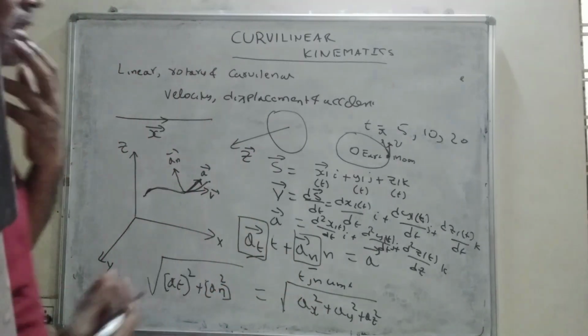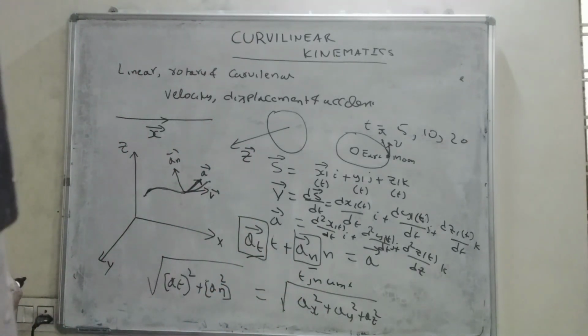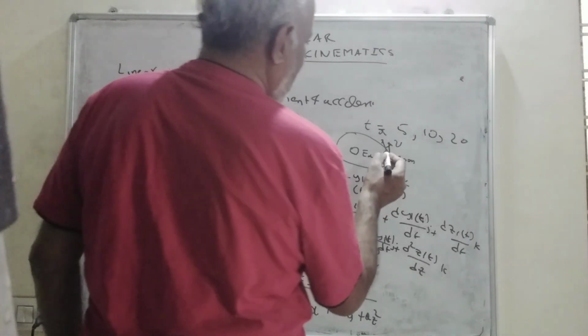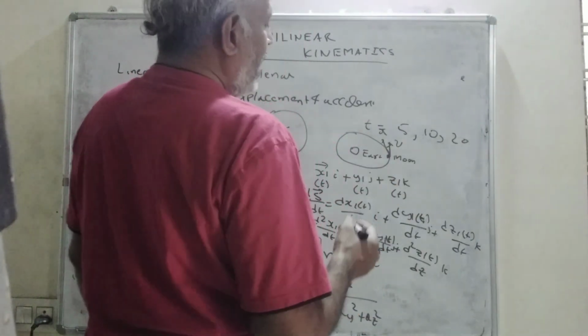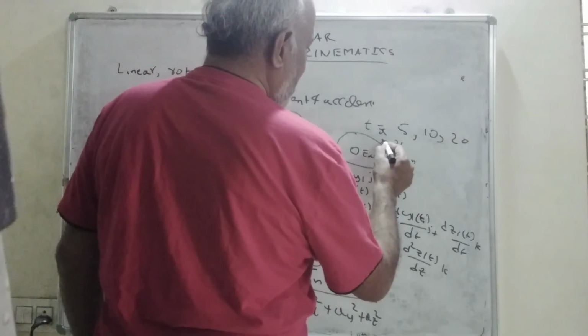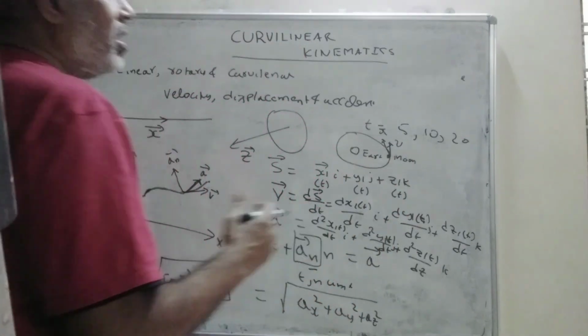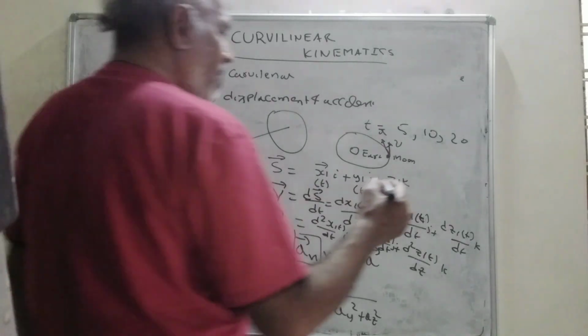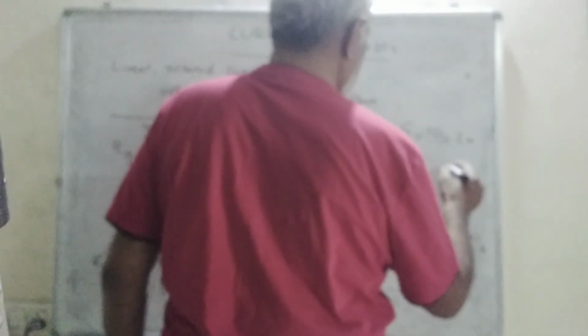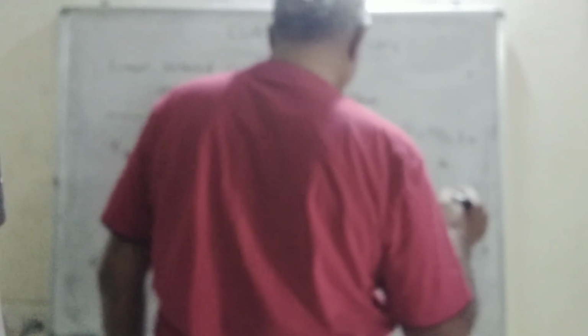Now the displacement is circular displacement, velocity is tangential velocity, and acceleration is something different from the tangential. So this acceleration will be having normal acceleration, radial acceleration.